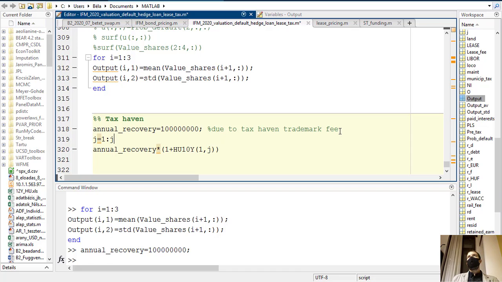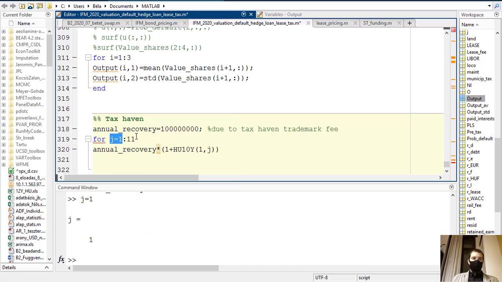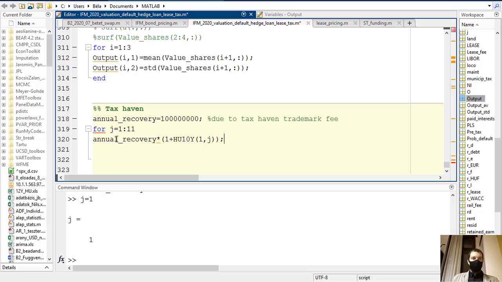Unfortunately, this is not an annuity because the interest rate or the yield is constantly changing. So we don't have the luxury to write a future value for this.